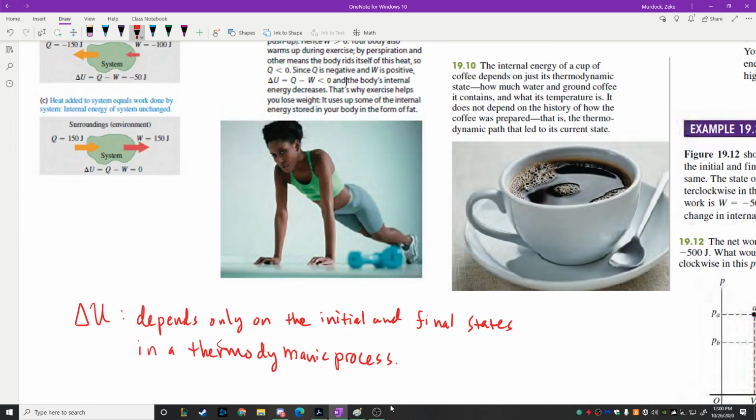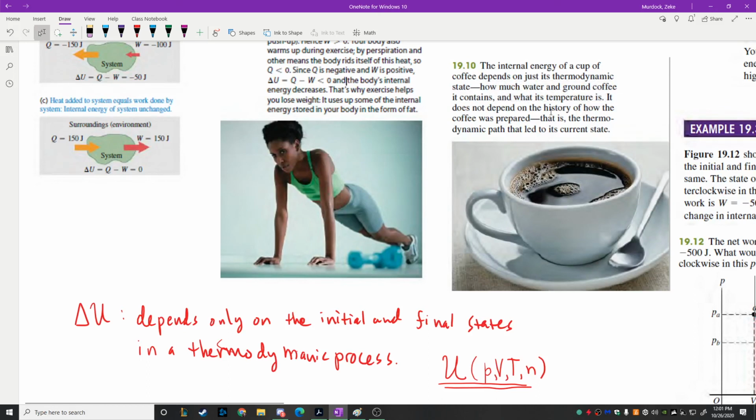So this tells us that the internal energy is really only going to be a function of the pressure, the volume, the temperature, and probably the number of moles of the substance. All of those things are going to determine the internal energy at a certain point. The way your book tries to illustrate this, it's not proof, but it's an analogy to think about. It says the internal energy of a cup of coffee depends just on its thermodynamic state. How much water do you have and how much coffee is in it? What temperature it is.